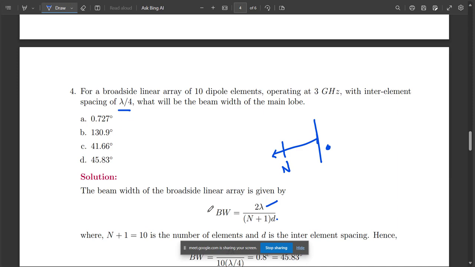It's a simple formula given to you. Lambda, d, n plus 1, all of the values are given. Try to find out the beam width.